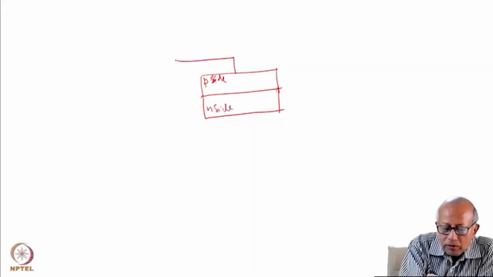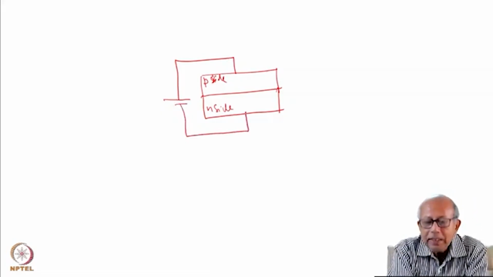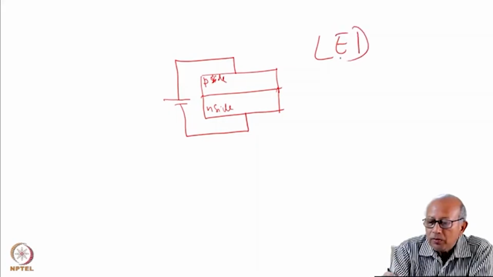When it is forward biased, how it creates light, it generates light, spontaneous, which is called light emitting.